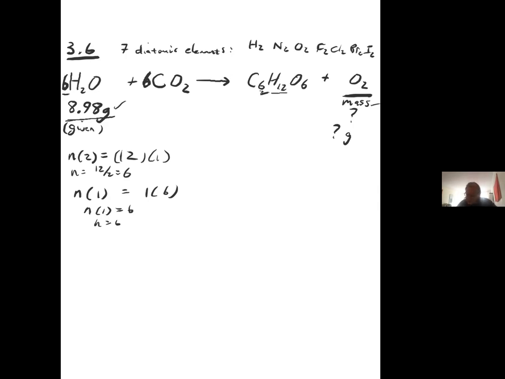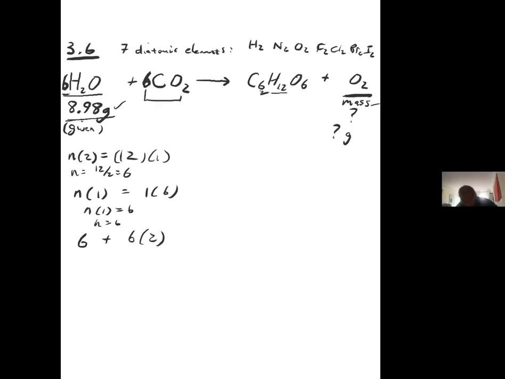So now we just have oxygen to do. Be careful with the oxygen because oxygen is in every substance in the reaction. It's in water, it's in carbon dioxide, it's in glucose, and it's in oxygen. It's in all of them, so it's a little more complicated. Count them all up. 6 oxygens over here, 6 times 2.